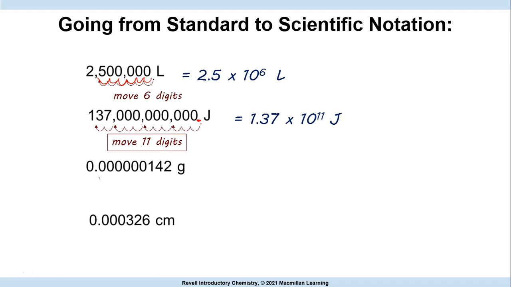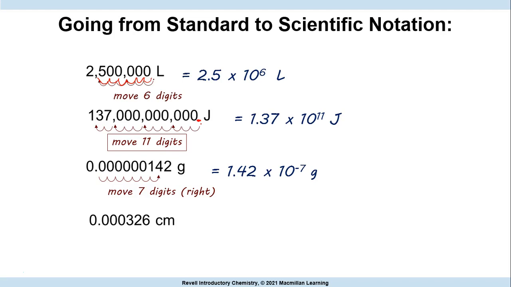So let's see. We're moving 1, 2, 3, 4, 5, 6, 7. Okay, so we move 7 digits to the right. And the answer is going to be 1.42 times 10 to the power minus 7 grams.